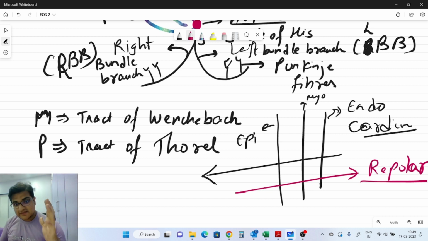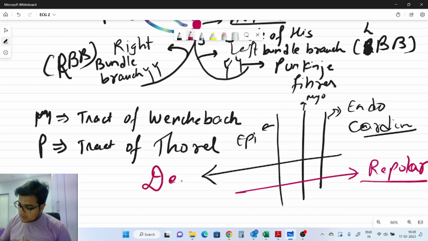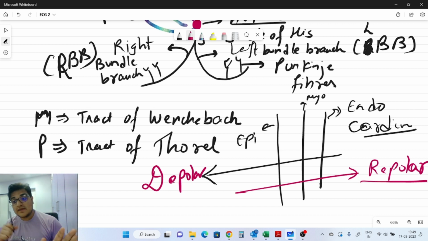So please take note of this, that the depolarization wave is in the direction of epicardium, and repolarization is in the direction of the endocardium. Now, why this is required is when I'll be talking to you all about the waveforms. Why do they come on the positive side of the x-axis, and why do they go to the negative side?